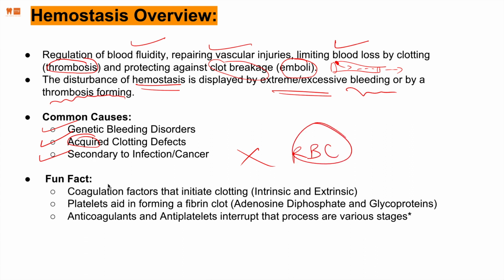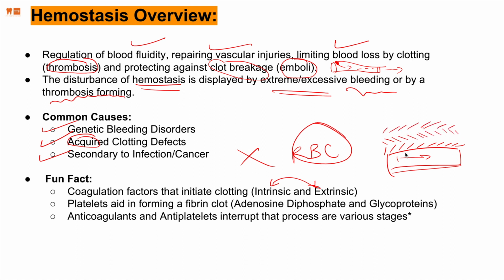Fun fact, coagulation factors that initiate clotting, they have two systems, extrinsic and intrinsic. I know we'll get into this in the next few slides, but I'll explain it to you. Every vessel right here has, so this is the inside of the vessel, right? And then they have connective tissue here, then they have their epithelial layers, and then they have their mucosal layer.